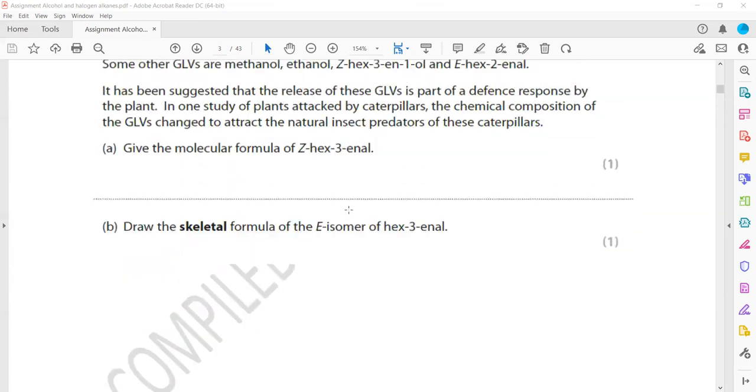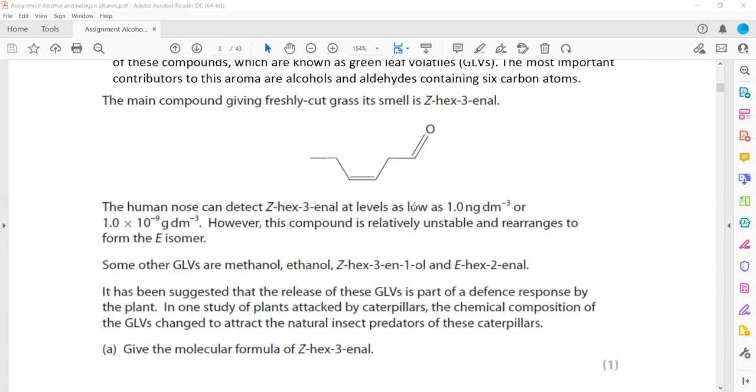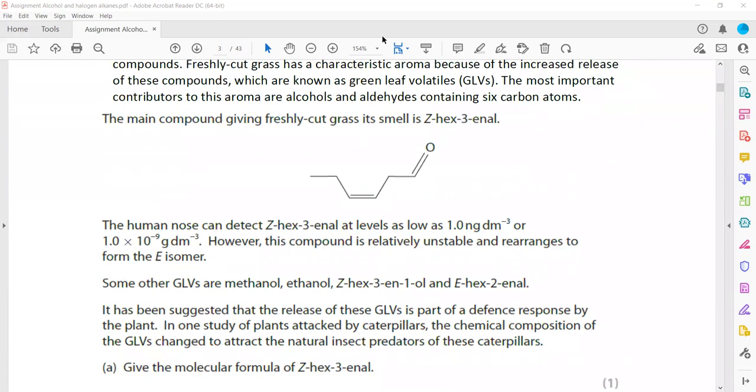Draw the skeletal formula of the E isomer. This is the Z isomer, in which the two heavy groups are on the same side of the carbon-carbon double bond. This is a heavy group and this one is a heavy group, so the heavy groups are on the same side. We want to draw E, the opposite side.